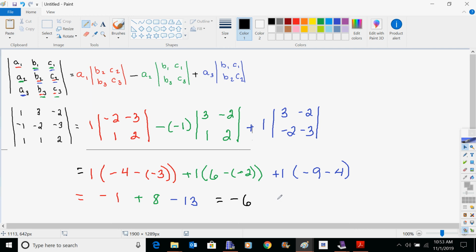Okay, Samir? Because you do this minus whatever's here. And since here it's negative 2 times negative 2, that gives you positive 2. So that's where that comes from.